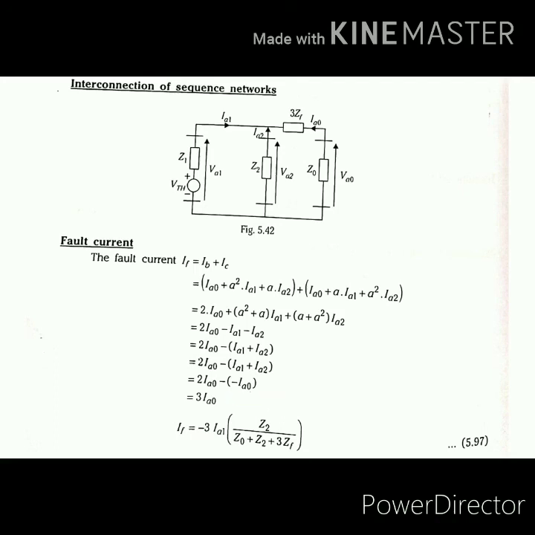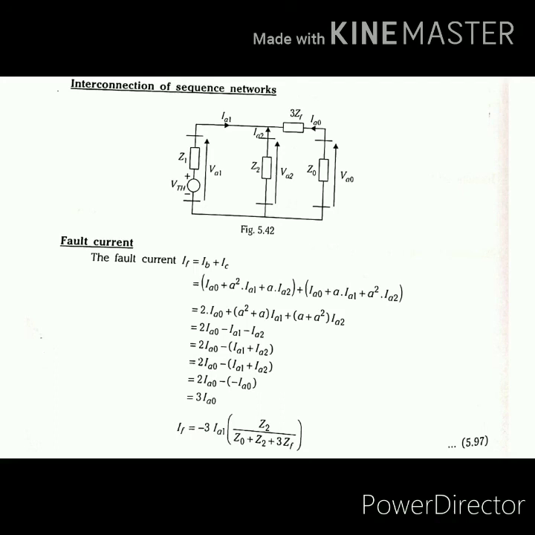So IF is equal to 3 times IA naught. Therefore, IF is equal to minus 3 into IA naught into Z2 by Z0 plus Z2 plus 3 times ZF. This is the fault current.